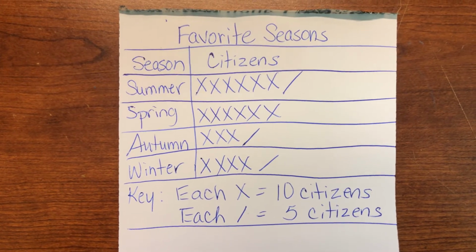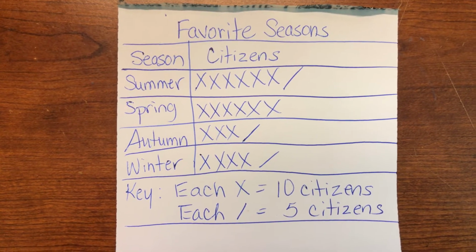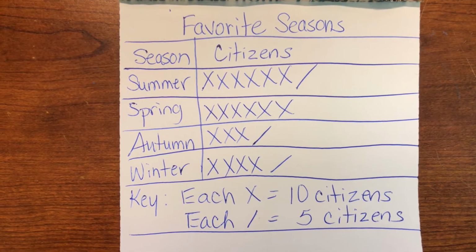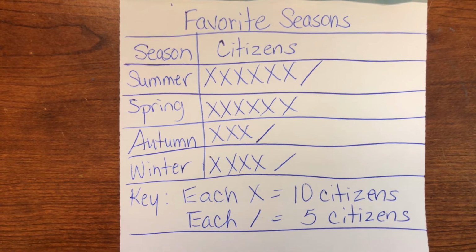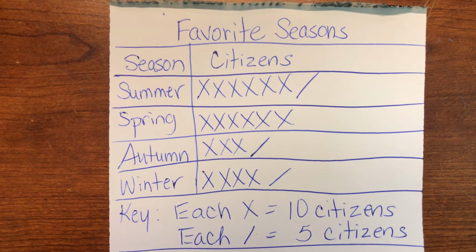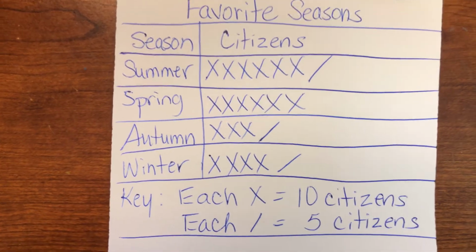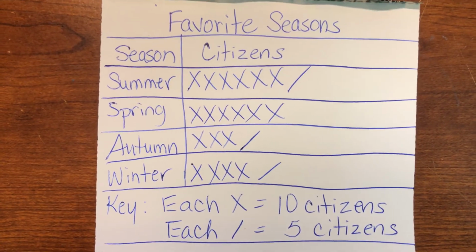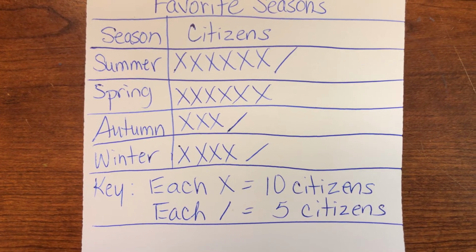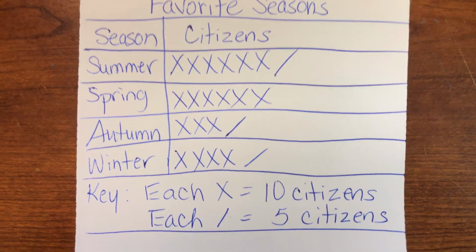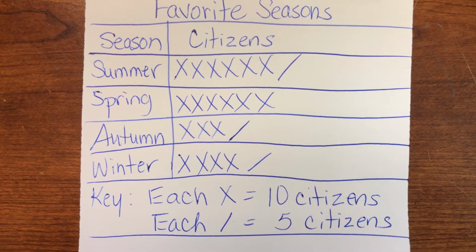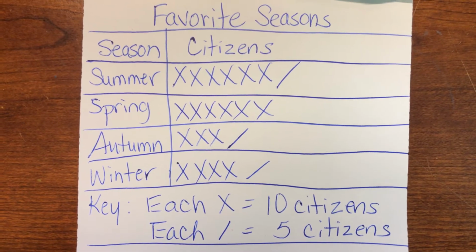The information being shown here is when a bunch of citizens were asked what season they prefer. And there's a key at the bottom that tells us that each of these X's equals 10 citizens or 10 people, and each half of an X equals 5 citizens.